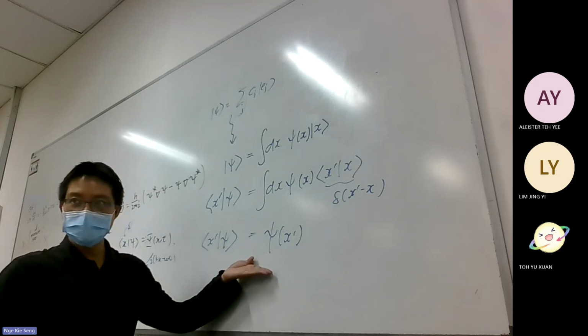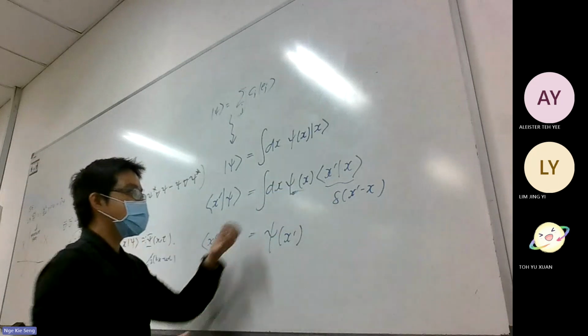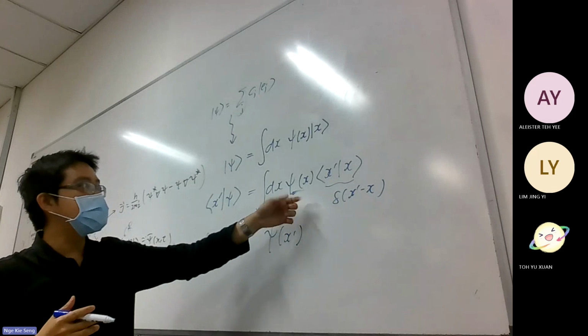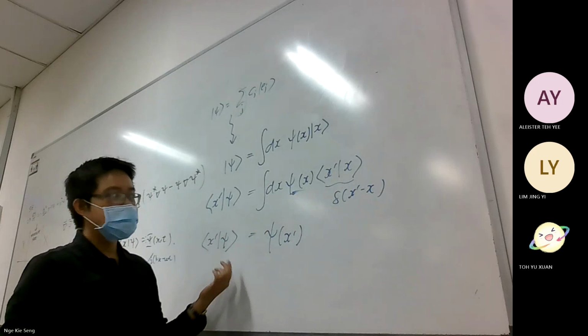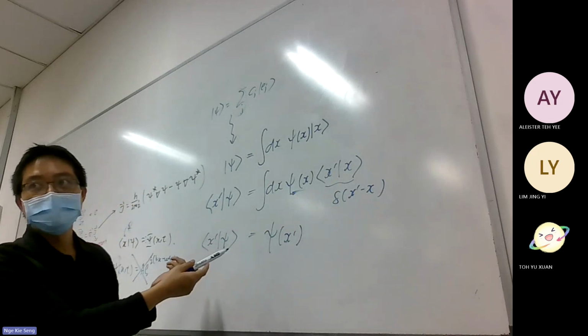Right? So this thing is still a function of x, because we haven't said what x is yet, right? So x is arbitrary.